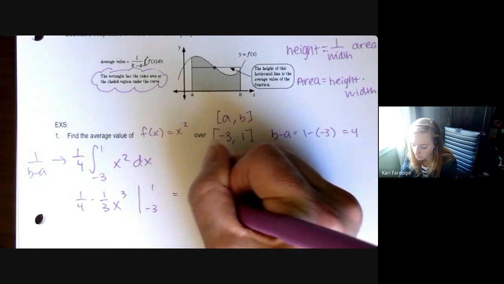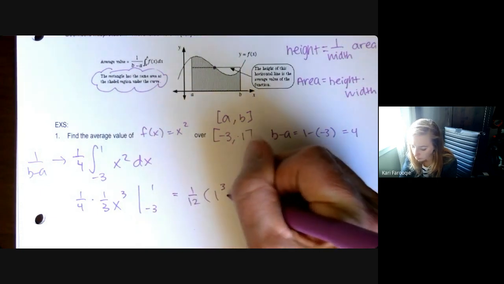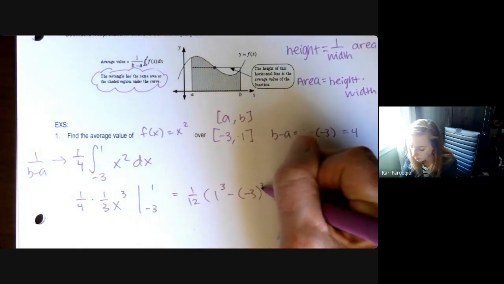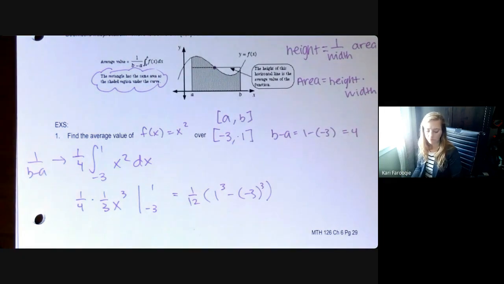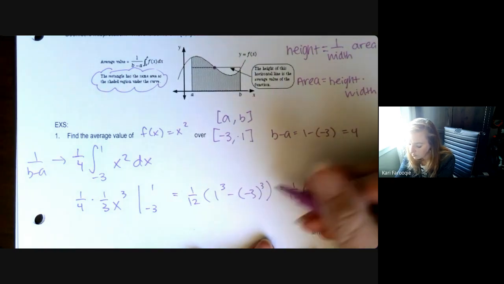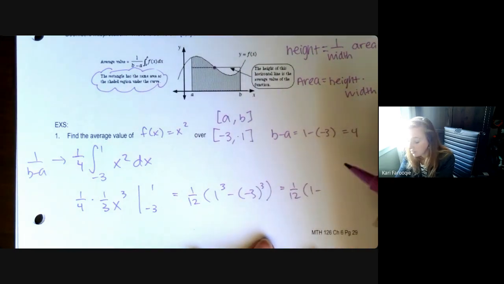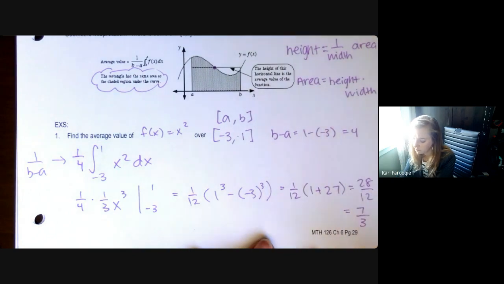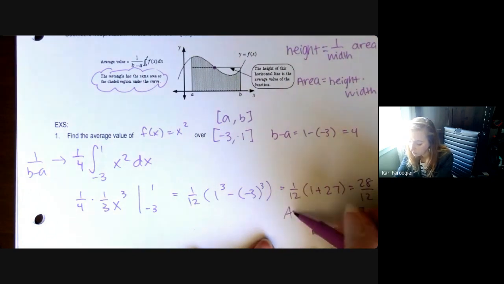And this is 1/12 times 1 cubed minus -3 cubed. Which is 1 minus, and then -3 cubed is -27, minus the negative is plus. You'll get 28/12. 4 goes into both of those, so you'll get 7/3 as your average value.